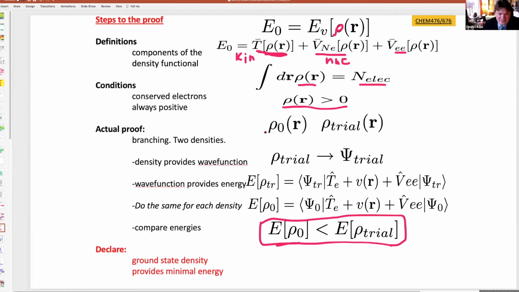And if we do know our absolute minimum density and trial density, we can convert each of them into wave functions. So from minimal ground state density, we can find ground state wave function, and from trial density, we can find trial wave function.